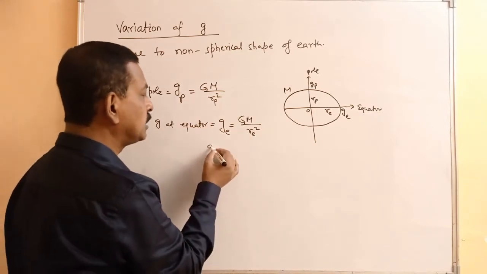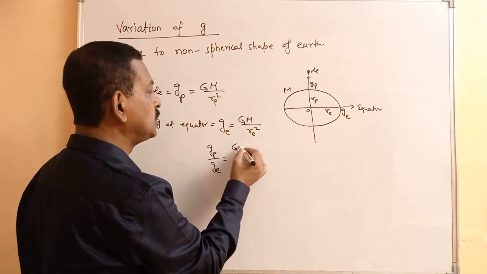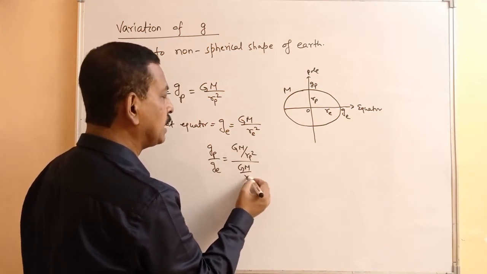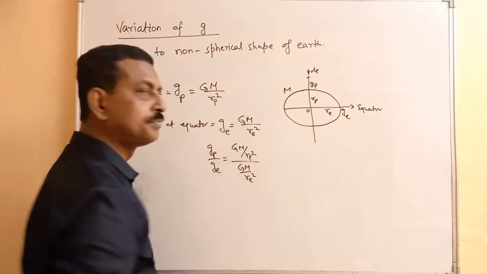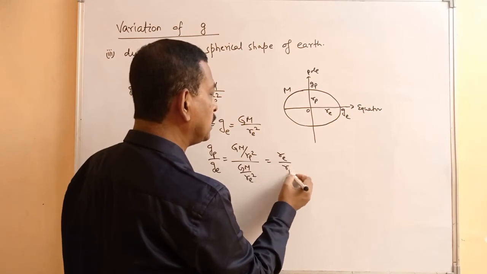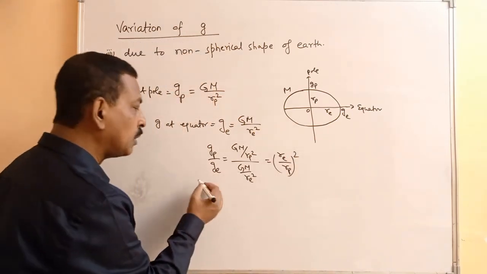Now, if you consider the ratio of GP and GE, it is RE by RP whole squared.